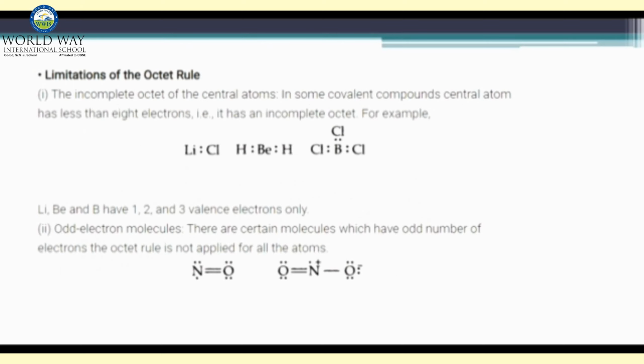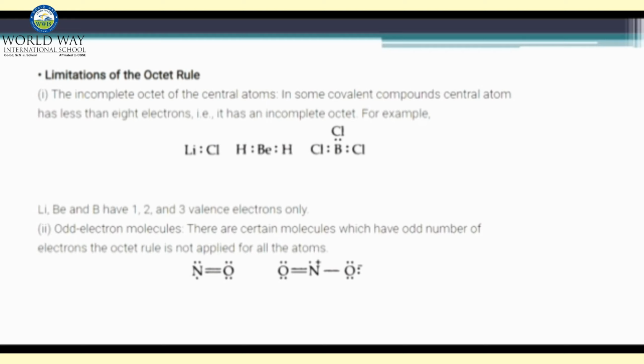After understanding the topic of formal charge and the octet rule, now we'll move towards the limitations of the octet rule. The first limitation: the incomplete octet of the central atom. It illustrates that during the formation of covalent compounds, the central atom has less than 8 electrons. These species are called electron deficient species.